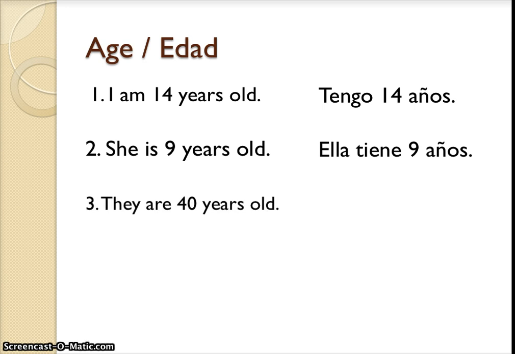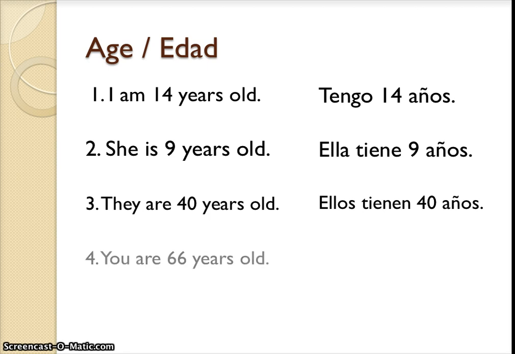They are 40 years old. What would the they form of tener be? Tienen. Ellos tienen 40 años. You are 66 years old. The you form of tener would be tú.